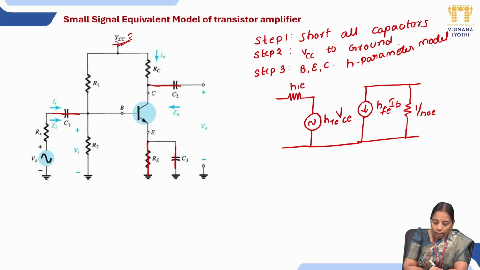It is all about the transistor you are having. This is base, this is collector terminal and this is emitter terminal.